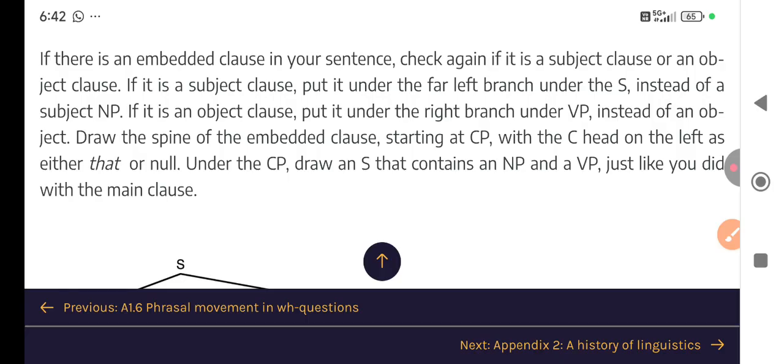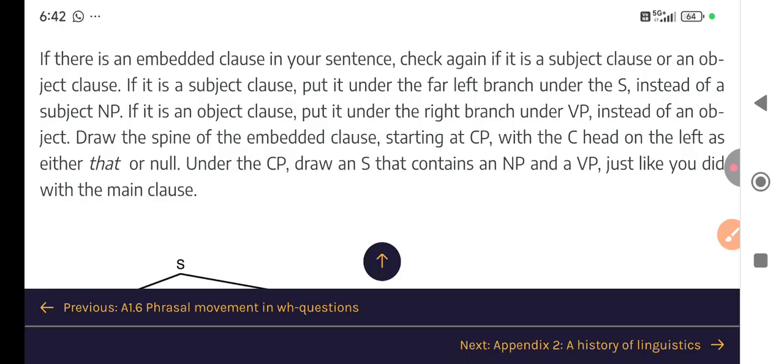If it is an object clause, put it under the right branch under VP instead of an object. Draw the spine of the embedded clause starting at CP or clause phrase with the C head on the left as either that or null.